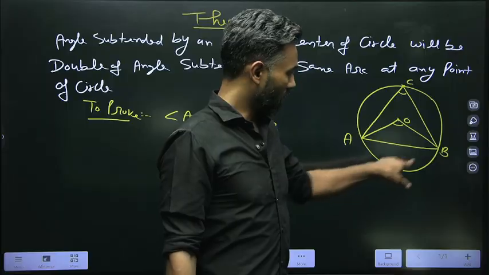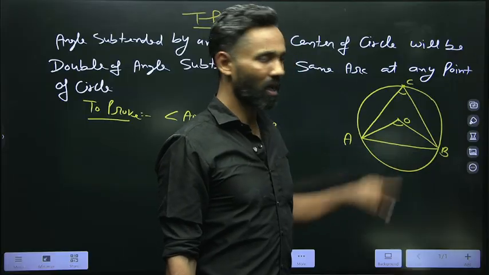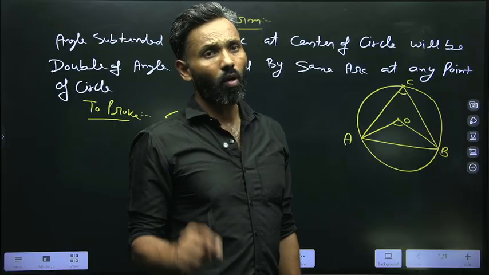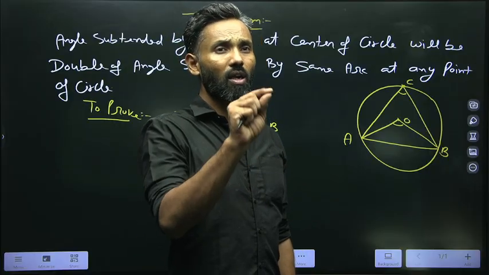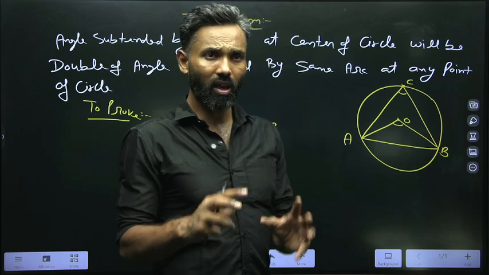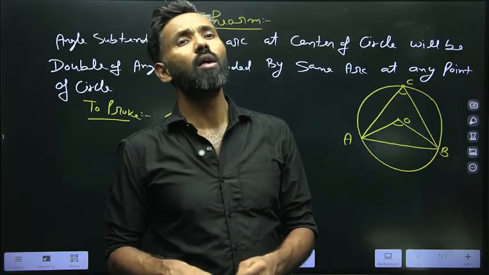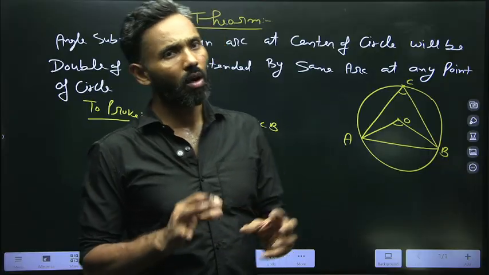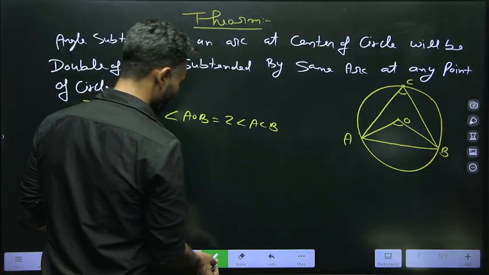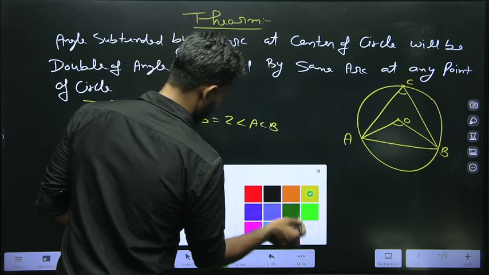Suppose the point is here in the minor segment somewhere. And the third will be when the point is situated on the semicircle. In all three cases, the angle subtended at the center will always be twice the angle subtended at any point of the circle by the same arc.